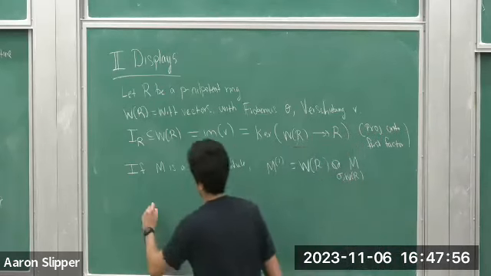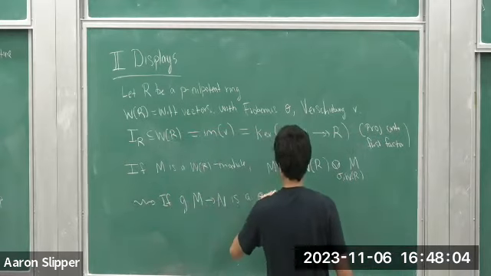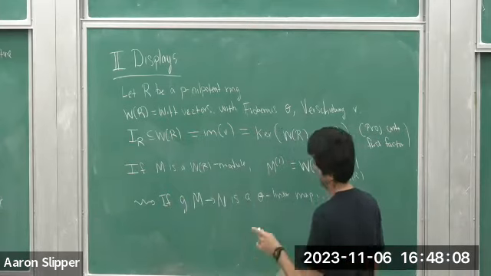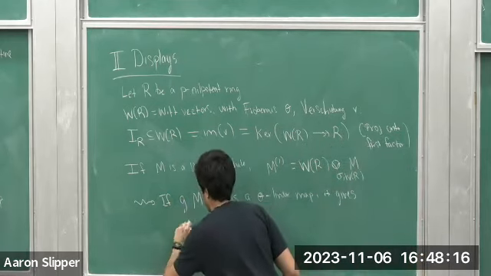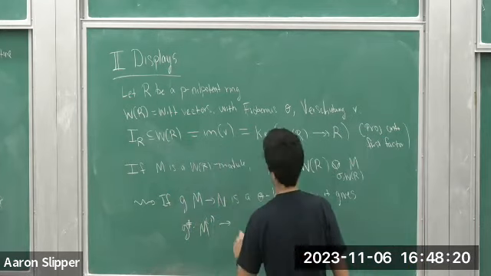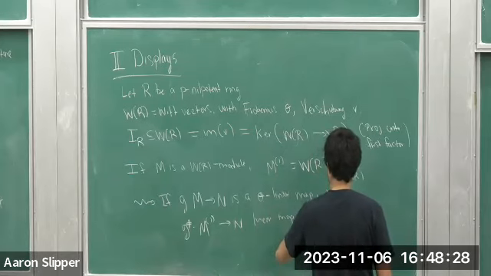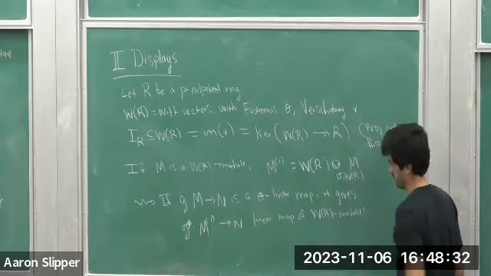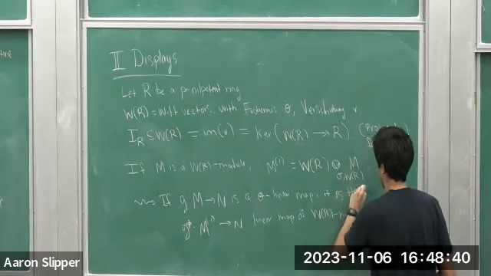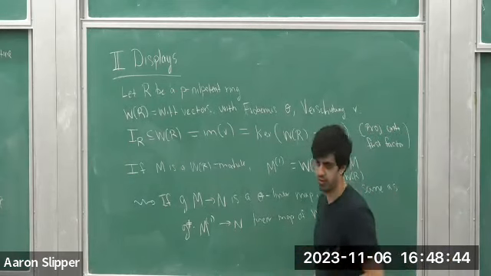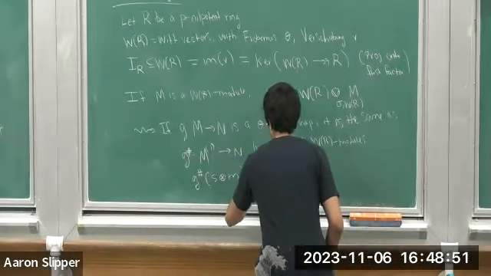And the point of doing that is that if we have V from M to M, a sigma-linear map of modules, then we can just linearize this, giving V sharp.